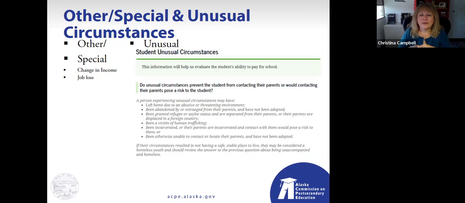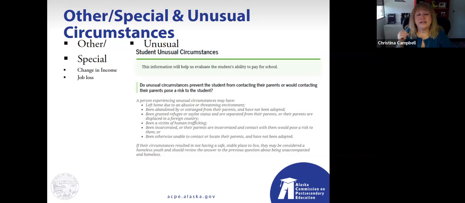An override means, look, I am a student who has a mom and dad who have a house, but my mom and dad are alcoholics or drug addicts, and it's a dangerous situation. We don't get along, and it puts me in harm's way to ask my parents to fill out the FAFSA.